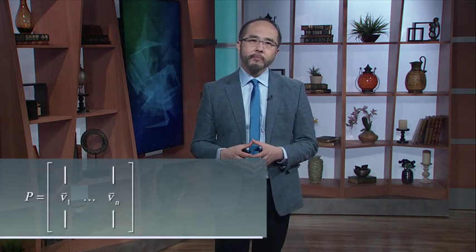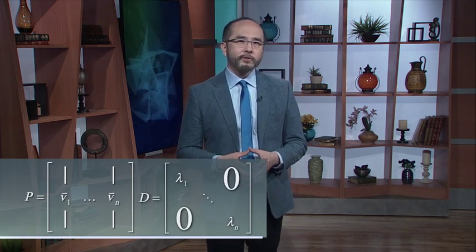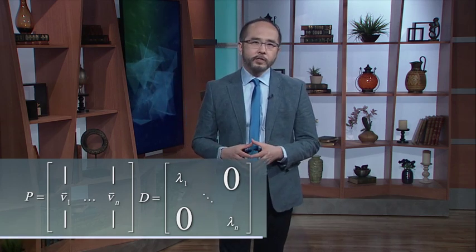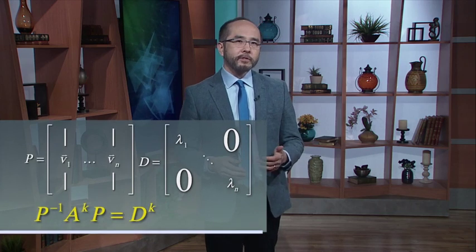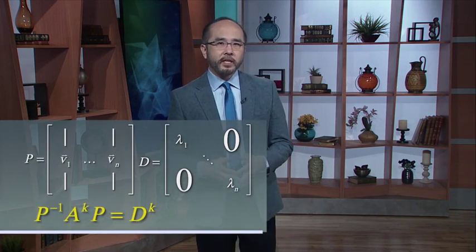For matrix A to be diagonalizable means A is similar to a diagonal matrix D. P in this case is just the matrix whose columns are eigenvectors of A, and D consists of eigenvalues along the diagonal. Then the prior discussion shows that P inverse times A to the k times P is D to the k.